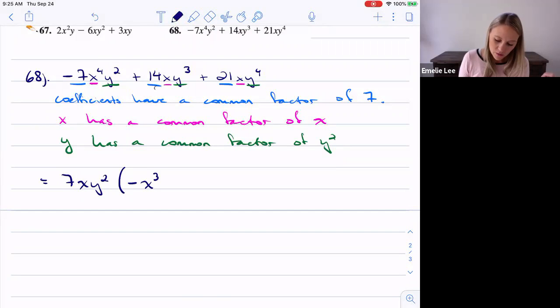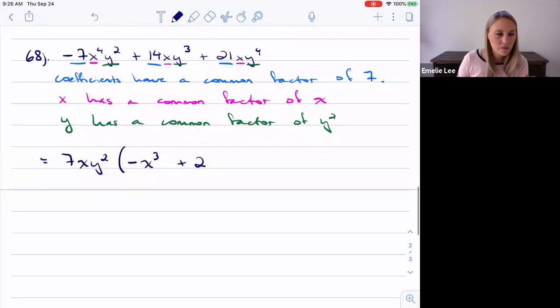Moving on to the next one. From 14, I've pulled out 7, so we divide by 7, and I need to multiply 7 by 2. So plus 2.